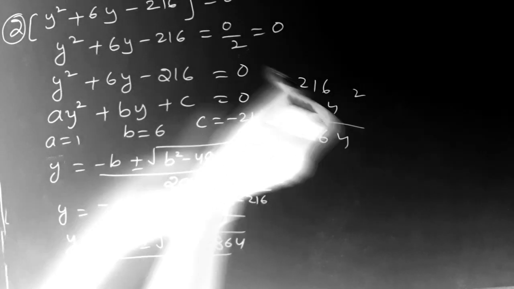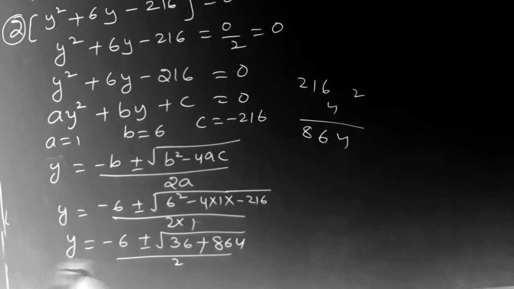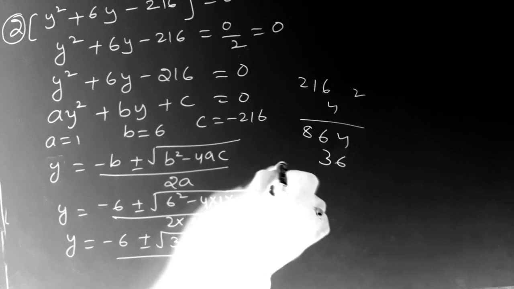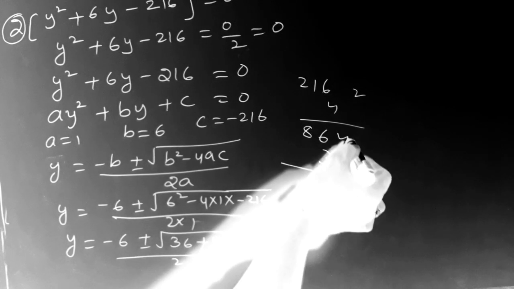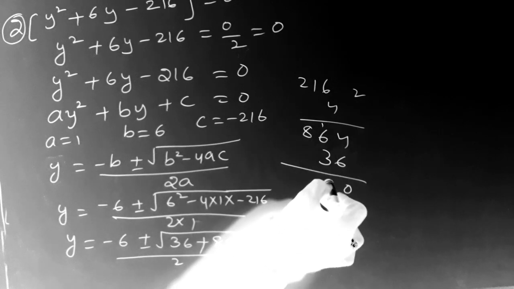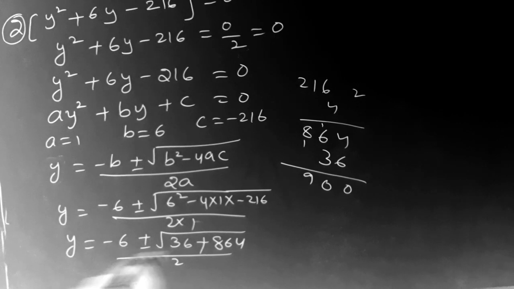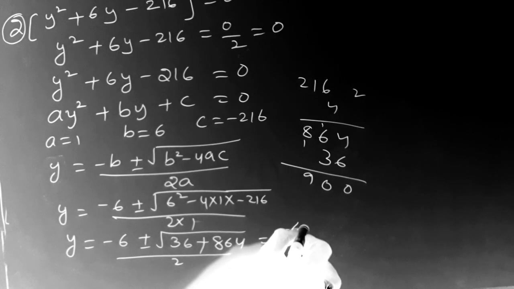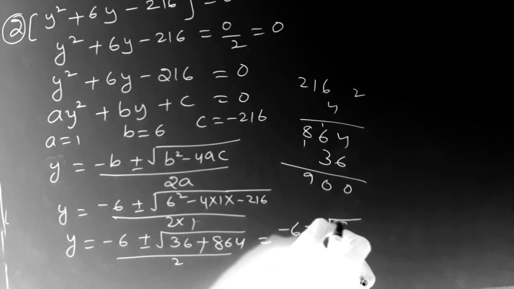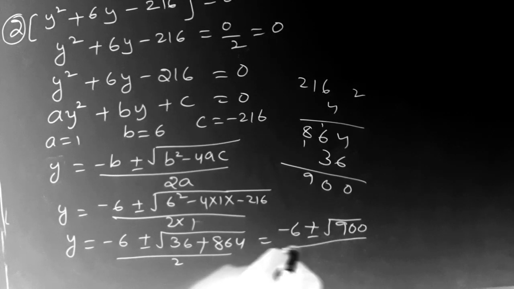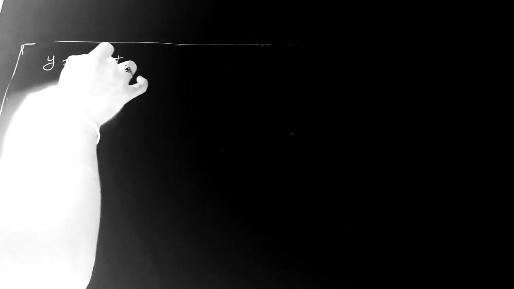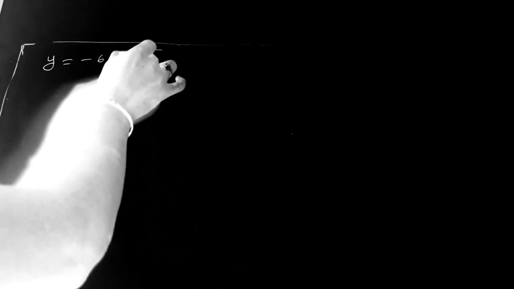Now add this 36 to 864 and I am getting 900. So it is minus 6 plus or minus under root 900, by 2.